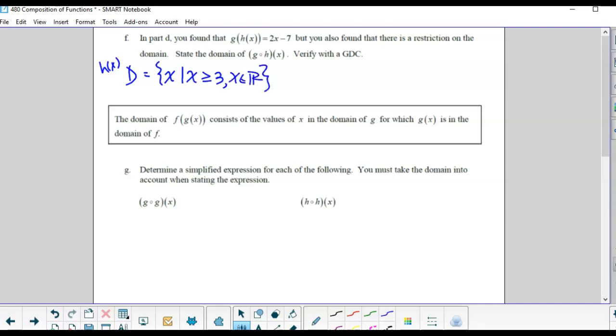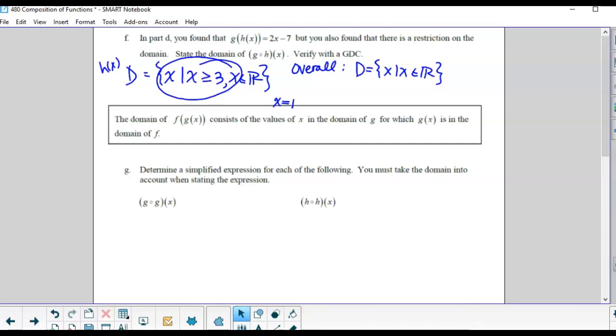And for the overall function, my domain is all real numbers. And it's where these overlap. So where do they overlap? For x greater than or equal to 3. And so for that last question, we had x equals 1, which is not in that domain.